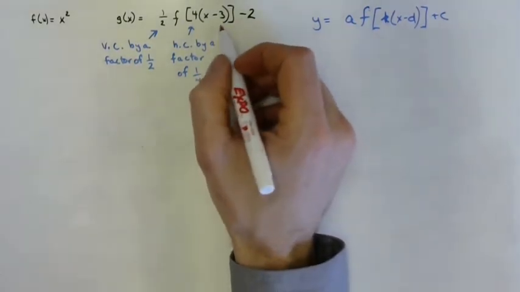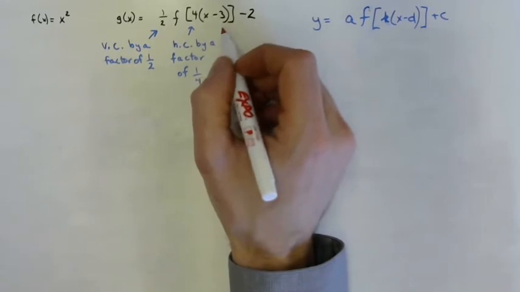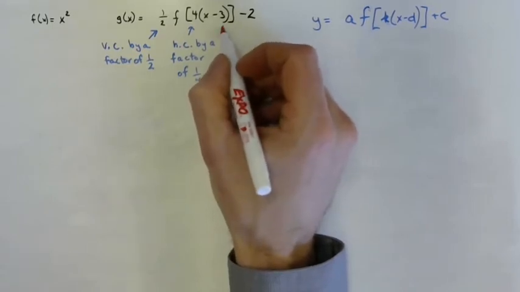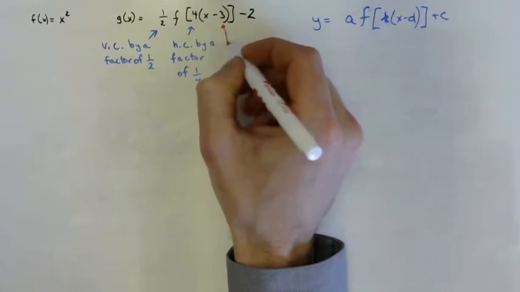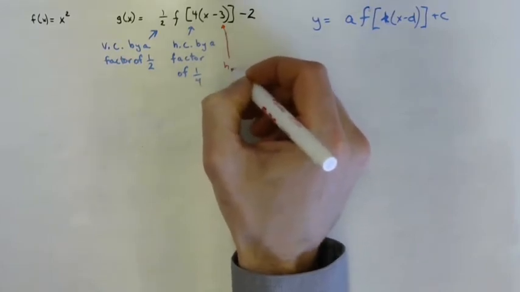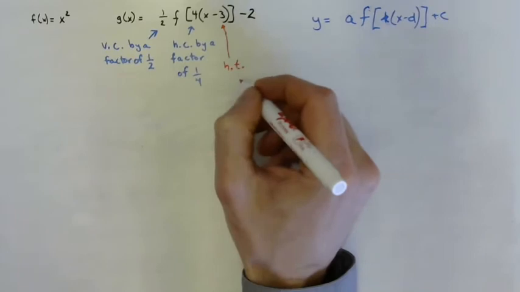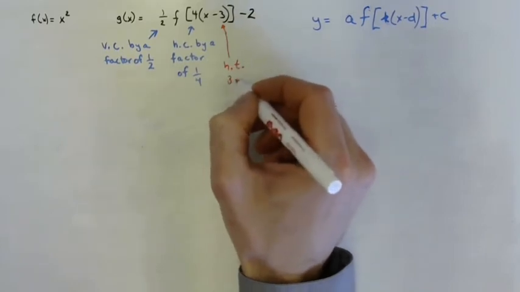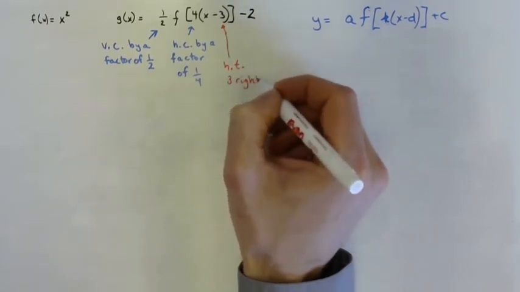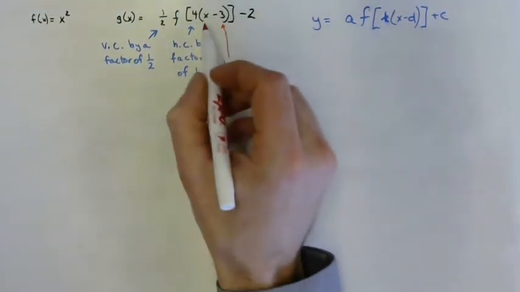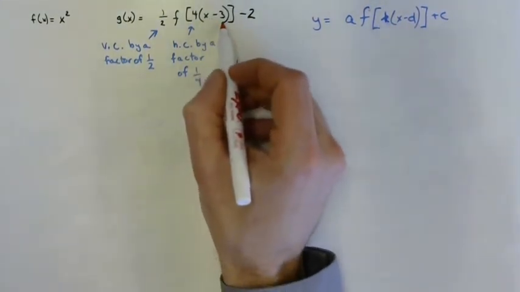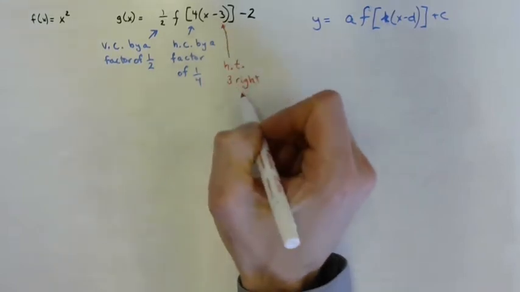Now we have two more possible transformations here. What does this one do? Horizontal translation 3 units left? Or is it right? That's right. Horizontal translation 3 to the right, because look over here, x minus d. x minus 3, d is 3, positive, moves it to the right.